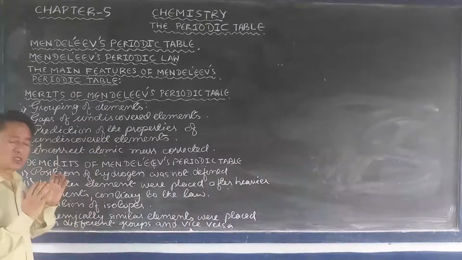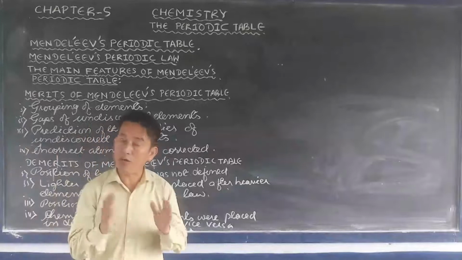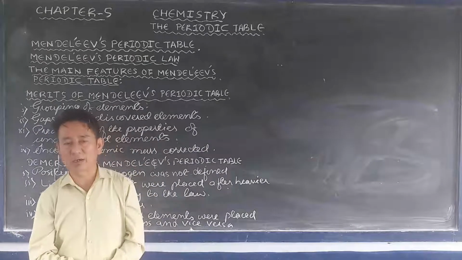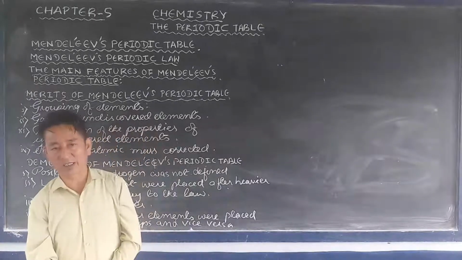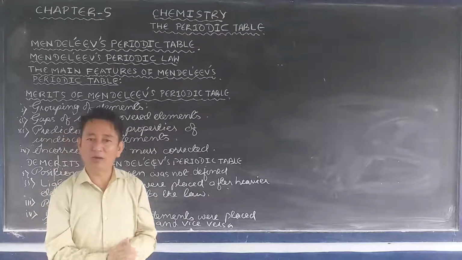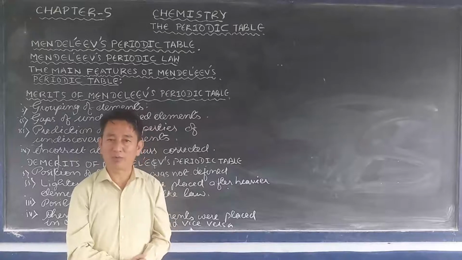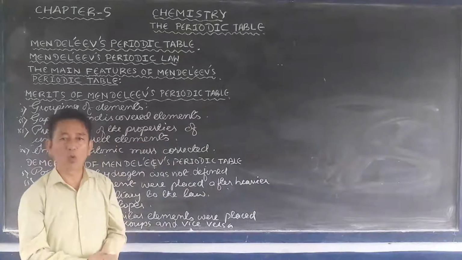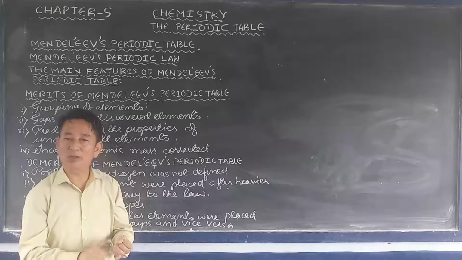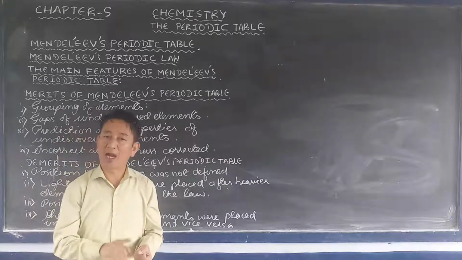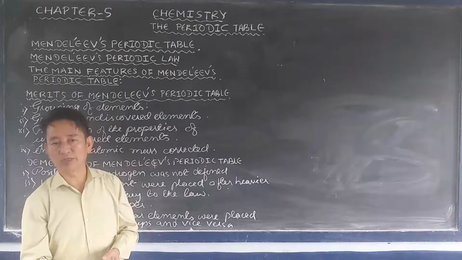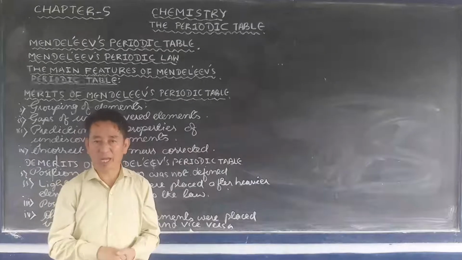And this Newlands' law of octaves was also discarded later on. After the discovery of noble gases, this idea did not work. Here neon comes between fluorine and sodium, and argon comes between chlorine and potassium.